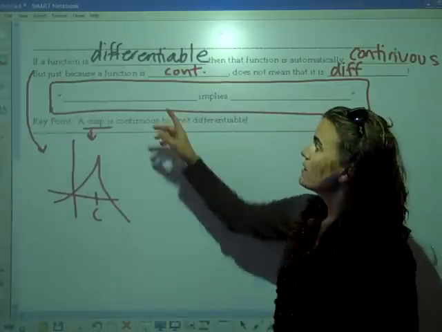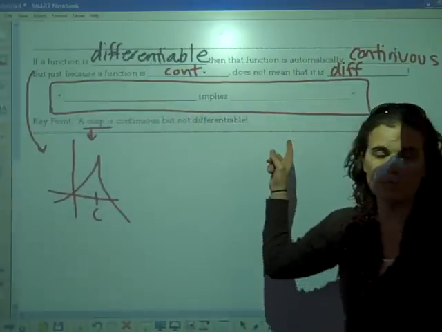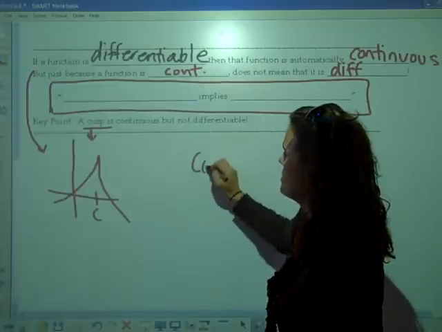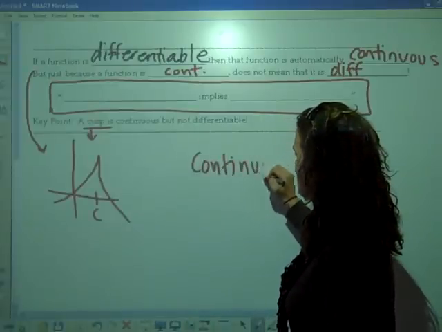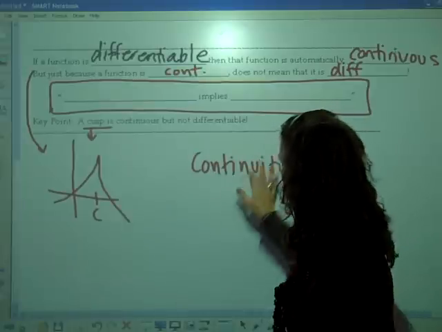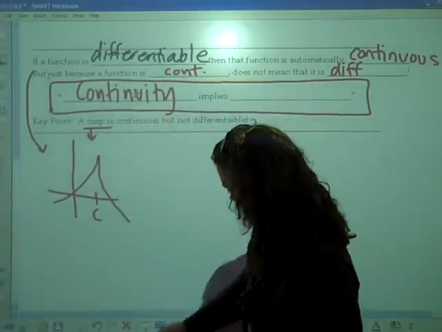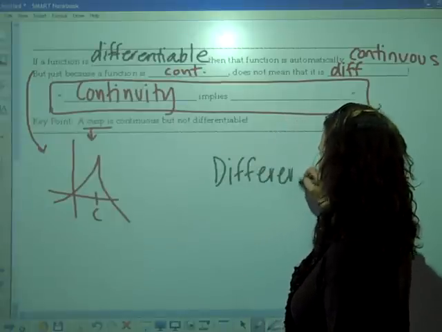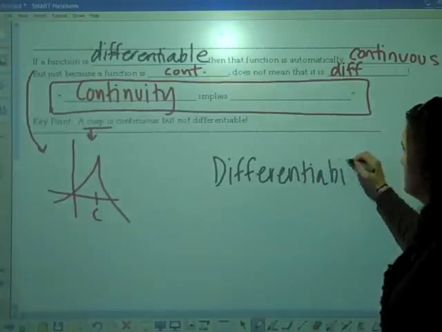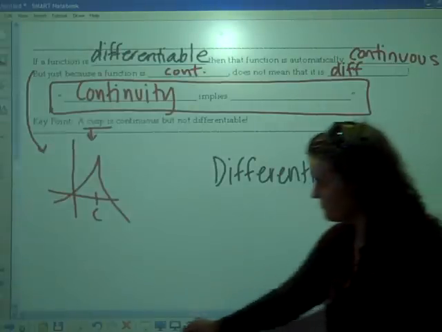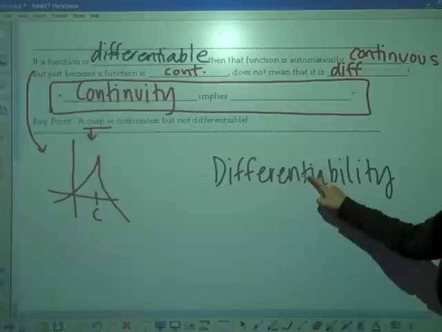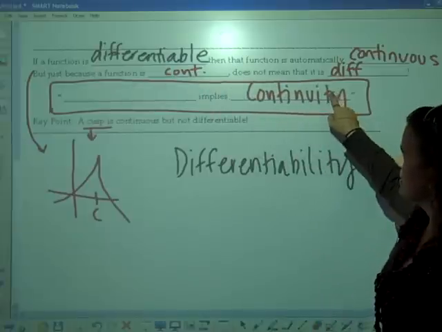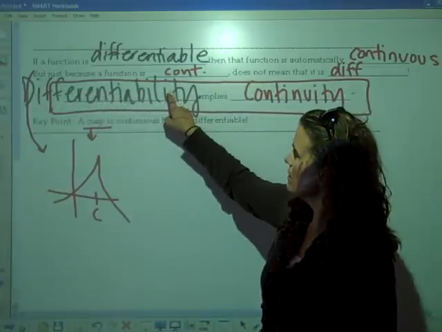So does continuity imply differentiability, or does differentiability imply continuity?